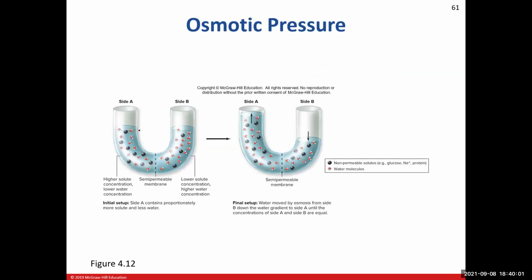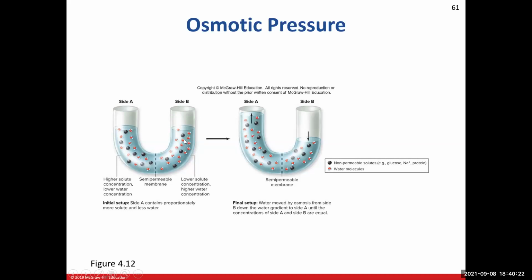All right, so this is showing you osmotic pressure. Here we have our container with two sides to it. There's our semi-permeable membrane here. The red dots with the blue dots attached to them are the water molecules, and the black dots are the solutes.